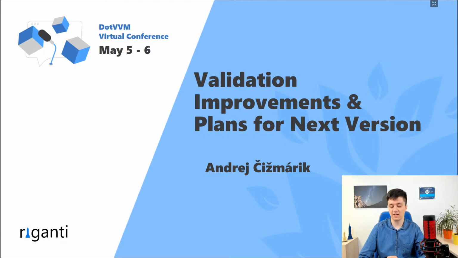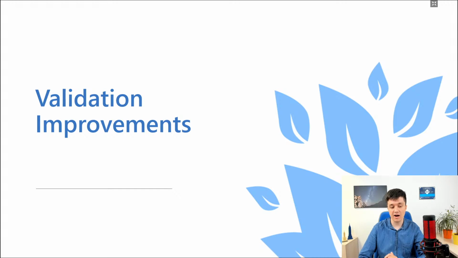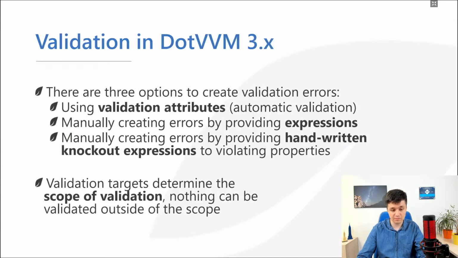But first, let me briefly recap how validation worked in versions 3.x, so that we can better appreciate what's new in this validation subsystem. In DotVVM 3.x, when it comes to creating validation errors, there were basically three options.